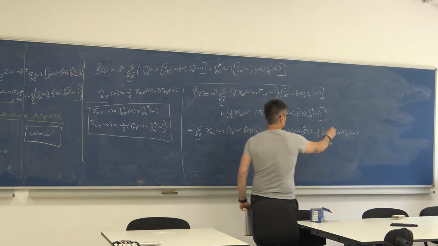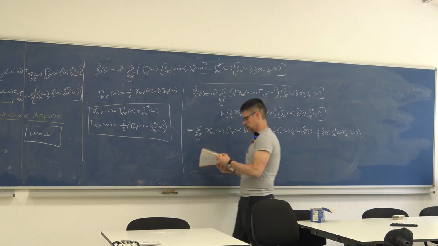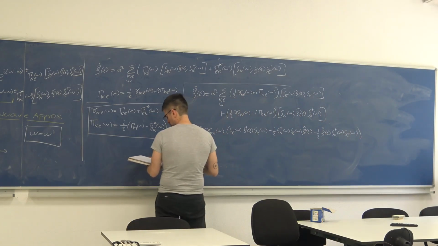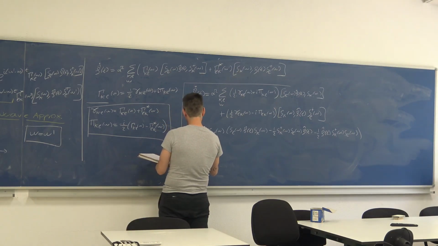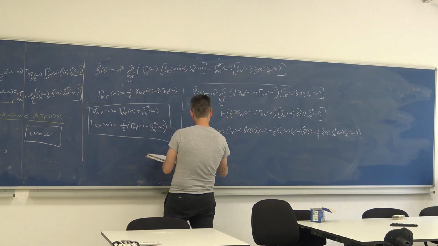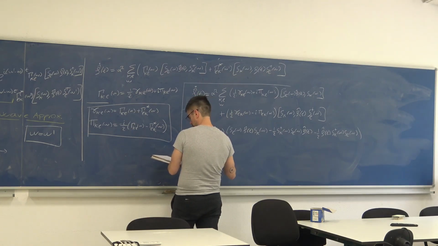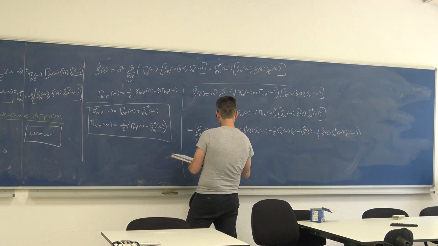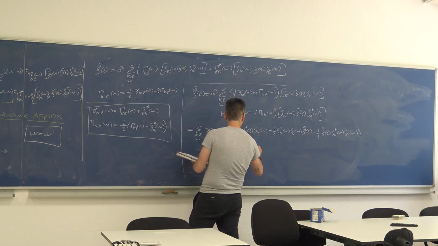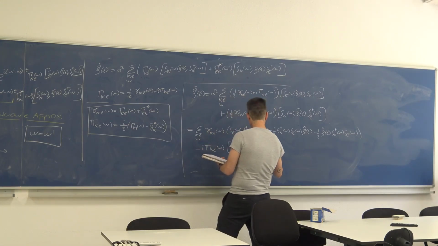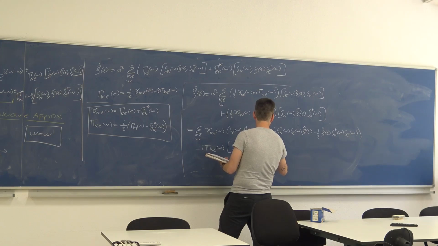And I'm missing one bracket here. Minus i pi of KL of omega Sk dagger of omega Sl of omega rho hat of t.